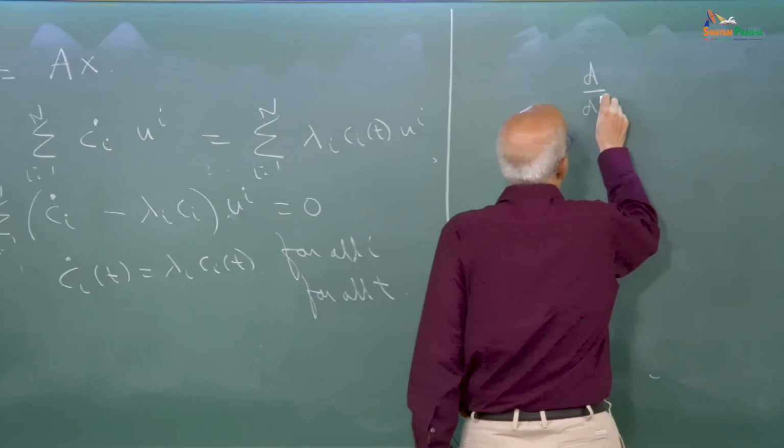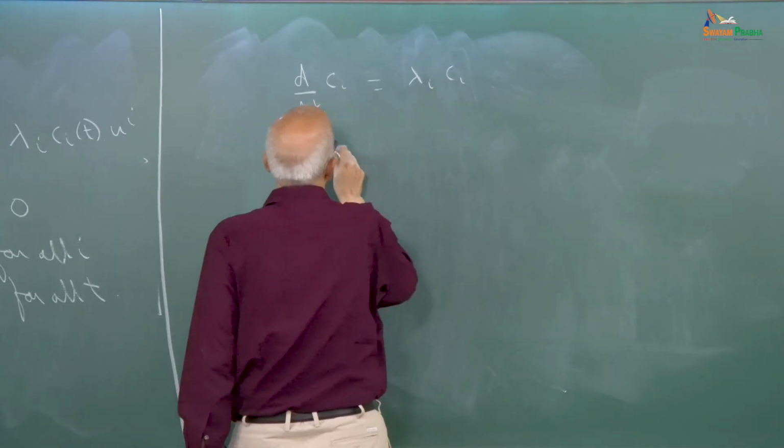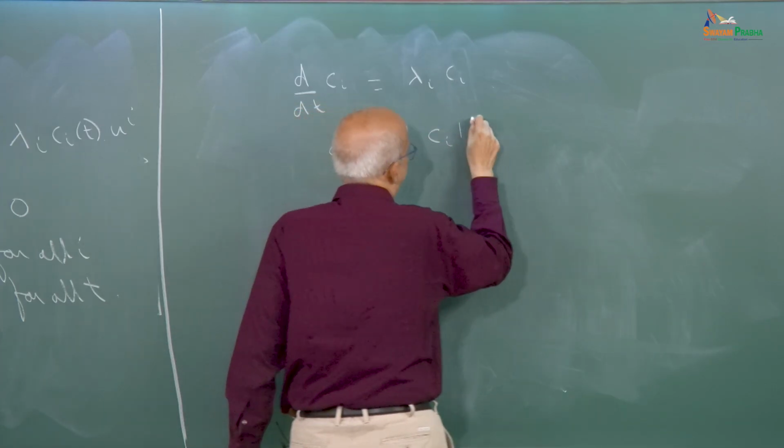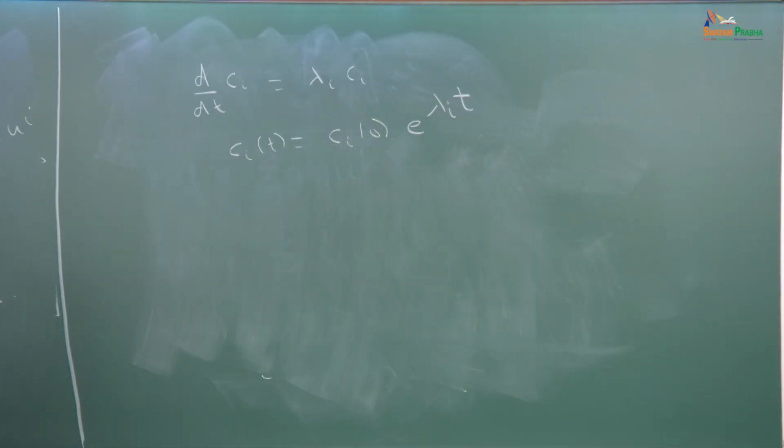d/dt of Ci equals lambda_i Ci, which means Ci(t) is Ci(0) e^(lambda_i t). Okay, that is basically what we got now.